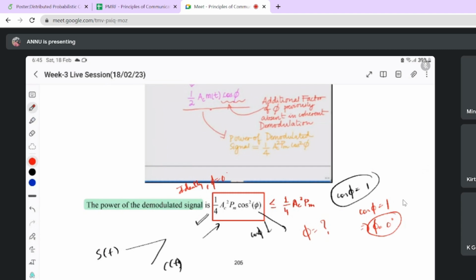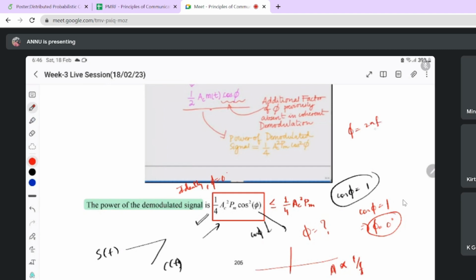One of the ways to reduce the phi is to have an amplitude reduction, because we generally see that amplitude is inversely proportional to frequency in terms of the power required. Whenever some power is consumed in amplitude, then less power will be consumed in frequency, and phi is nothing but 2 pi f.